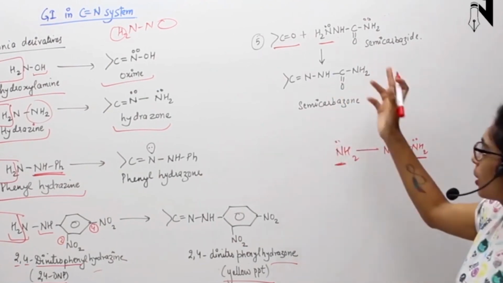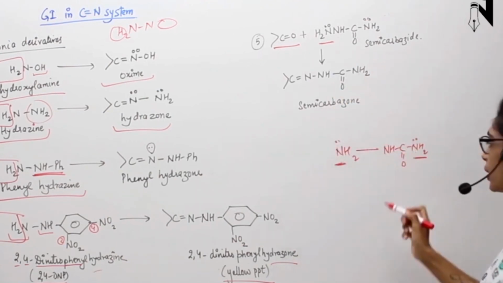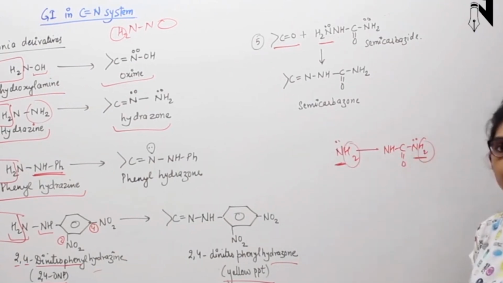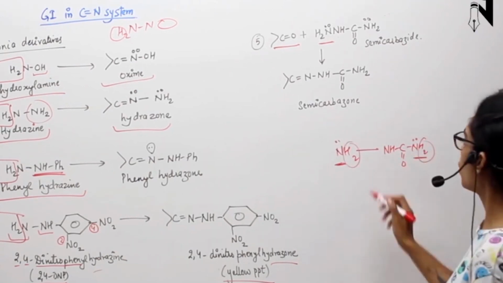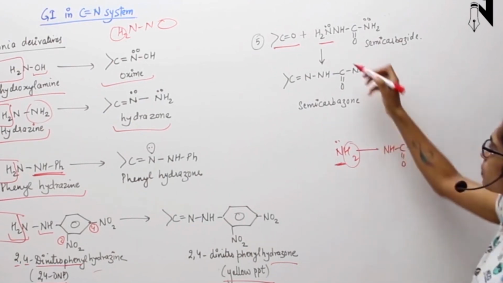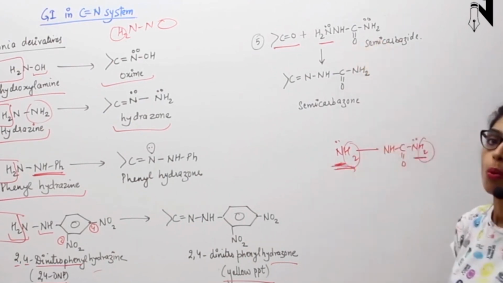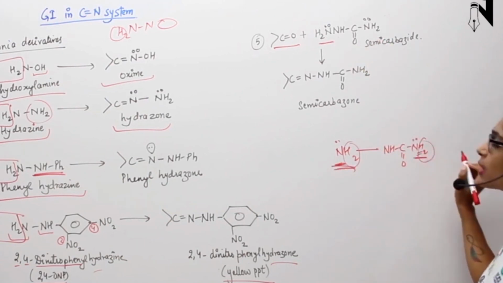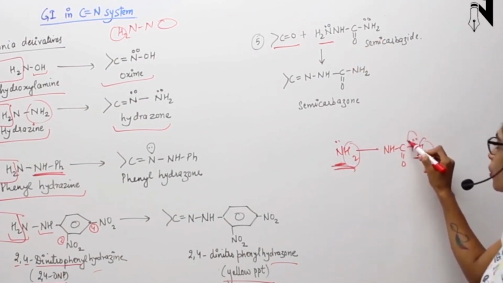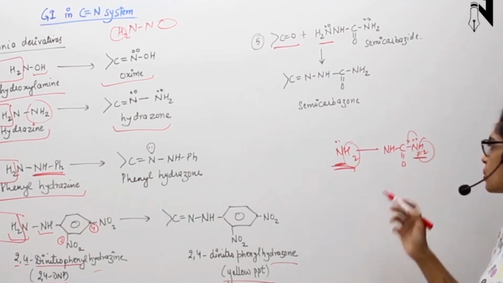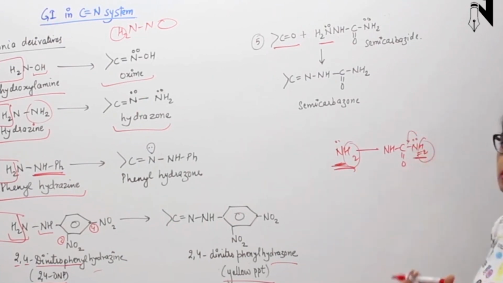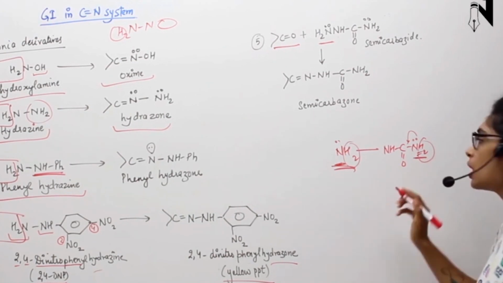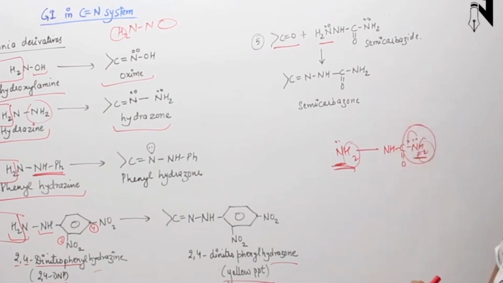When loss of water has to happen, ideally hydrogen can go from either of the two, right? But it will not go from this one, it will go from this NH2 only. Why? Because this nitrogen cannot lose its hydrogen easily, because its lone pair is already involved in resonance with CO, and hence the bond strength is much stronger. It is not sp3 hybridized, but sp2 and so on. So that's why this NH2 will not be involved in the reaction.